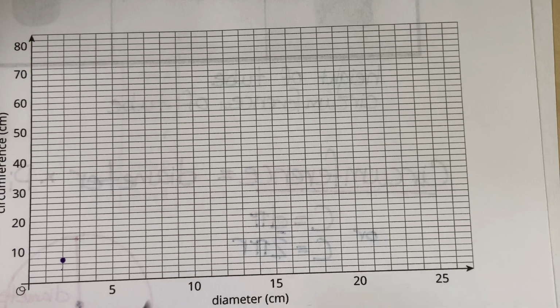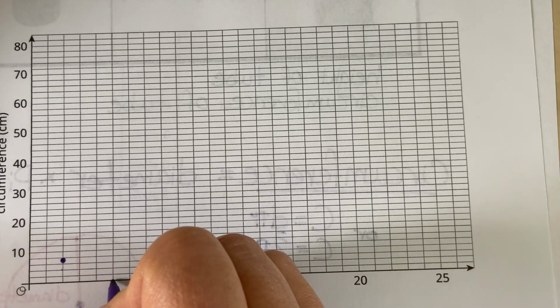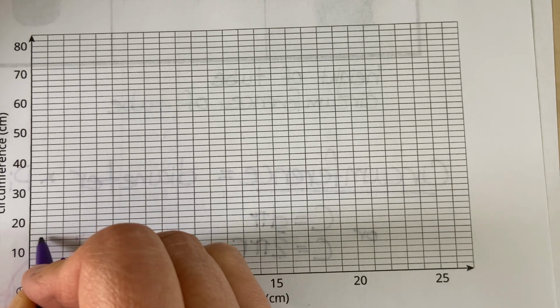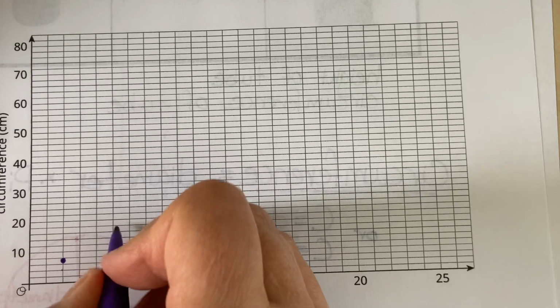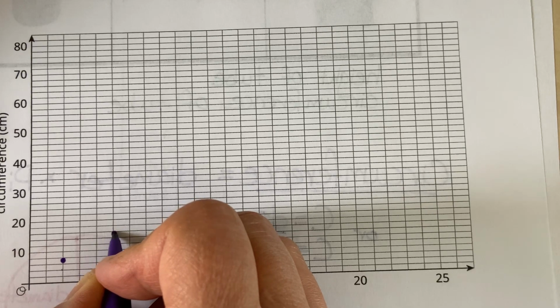If my diameter was 5, I said it was 15.7. 15 is going to be about halfway between the 10 and 20, almost up to 16, so let's put it about there.